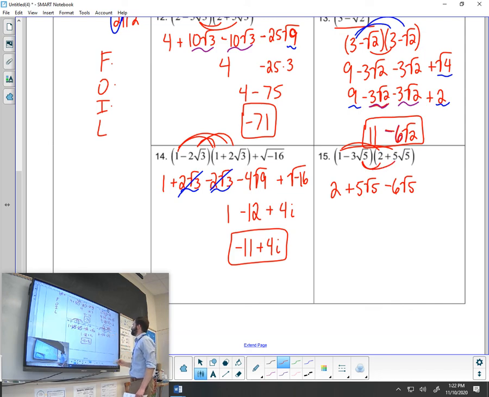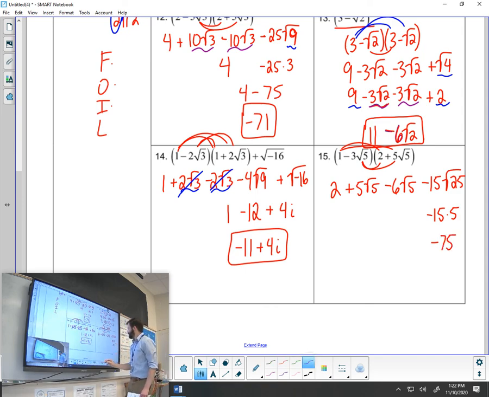And negative 3 square roots of 5 times 5 square roots of 5 is going to be negative 15 square root of 25. Okay, of course, the square root of 25 is just going to be 5, and so we're going to have negative 15 times 5 here. Negative 15 times 5 is, of course, negative 75.